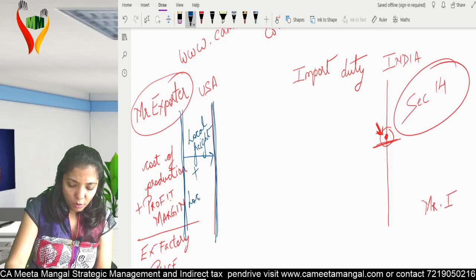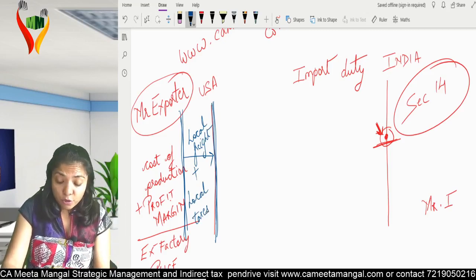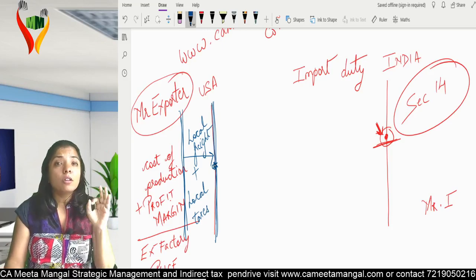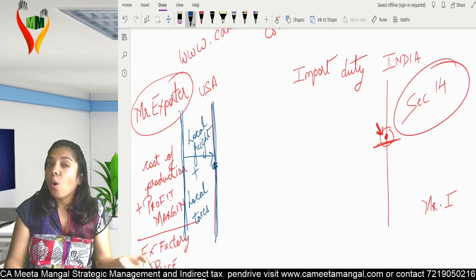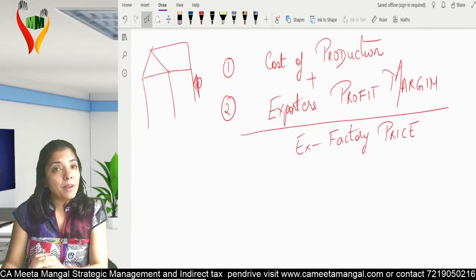To bring the goods to the US port, the exporter must have paid local freight and local taxes. That value will also be added over here.